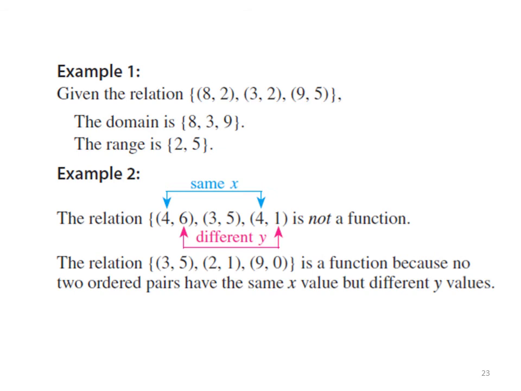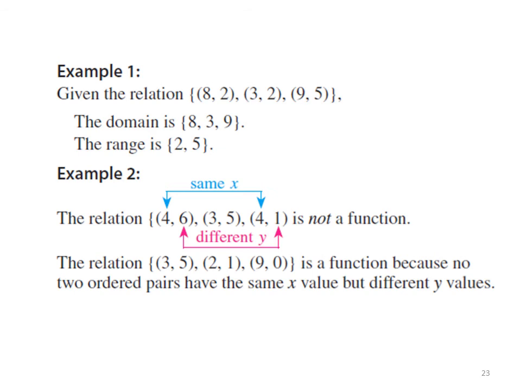Here 4 is assigned the value 6 in the first ordered pair, and in the third pair x equal 4 is assigned the value 1. So 2 different values in the range for the same value for x. So this is a relation, but y is not a function of x.